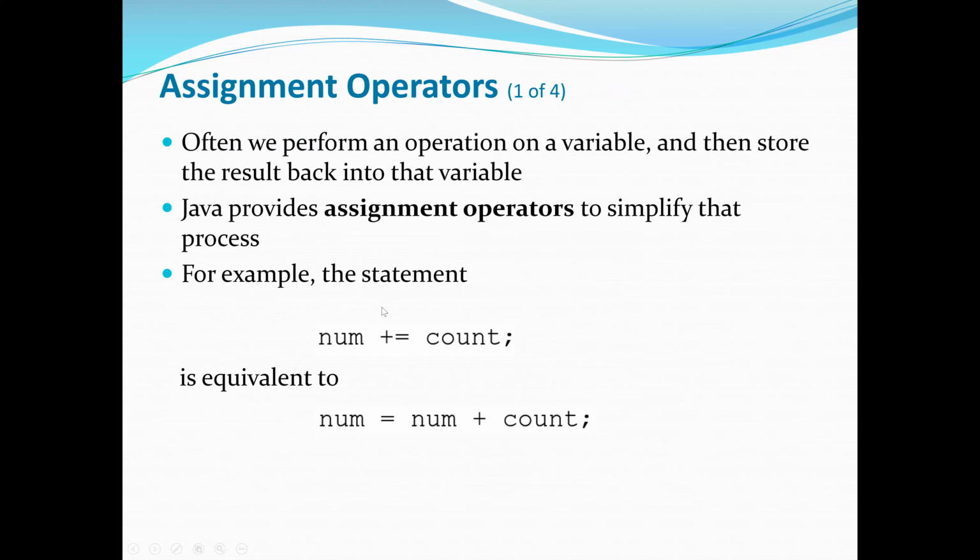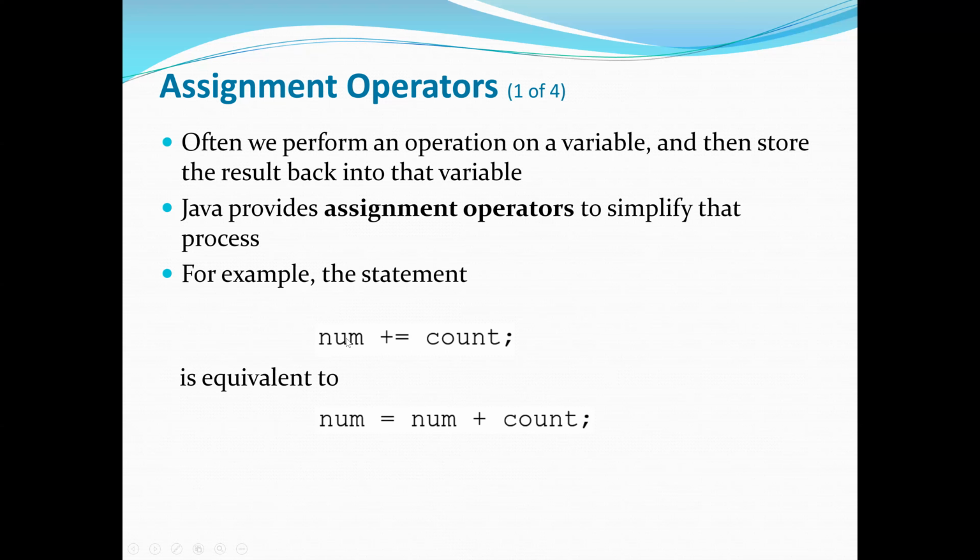So often we perform an operation on a variable, then we store the result back into that variable. And we saw that count equal to count plus 1. Now there's a way we can write this. For example, I have num equal to num plus 1. Now, since I'm going to add a value to num, I will give that variable back to num.